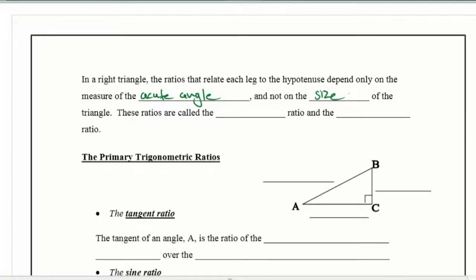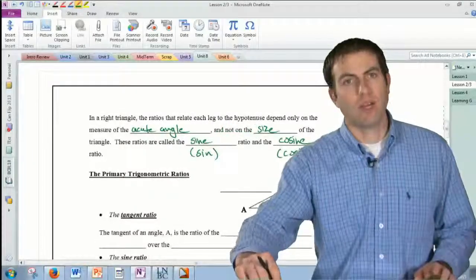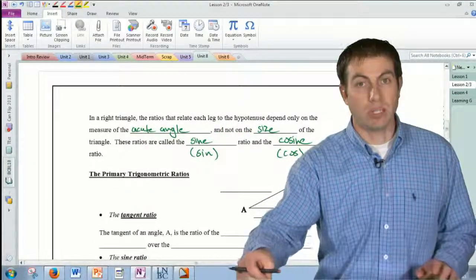So we can have a really big triangle, we can have a really small triangle, but as long as that acute angle is there, we need to basically know what it is. The ratios are called the sine and the cosine. So we abbreviate sine as SIN and the cosine as COS. So with that in mind, we've kind of got all we need.